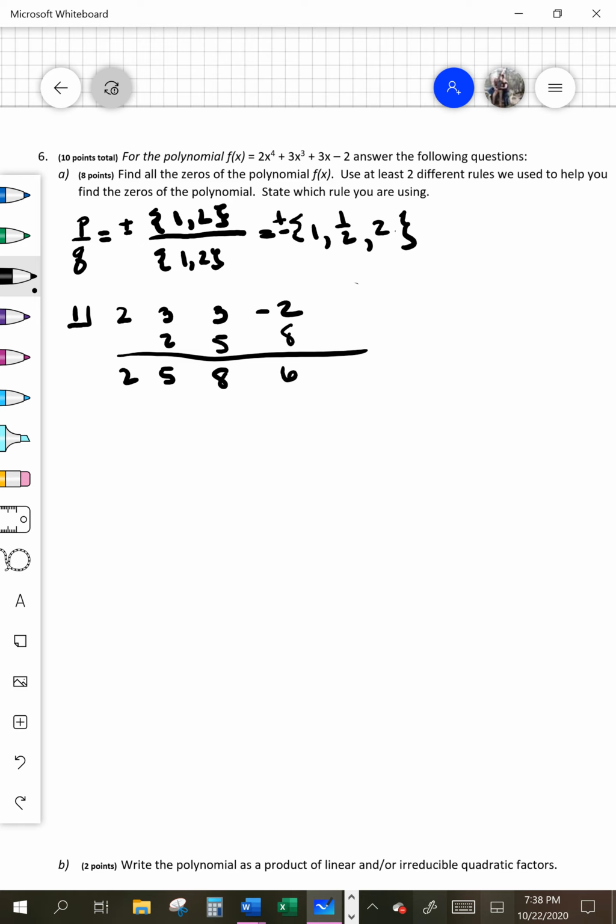Notice that all these terms are positive. So by the upper bound theorem, there's no positive number that could be bigger than 1 and can be a 0.